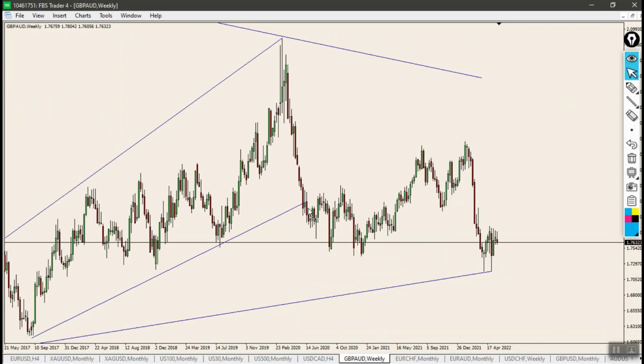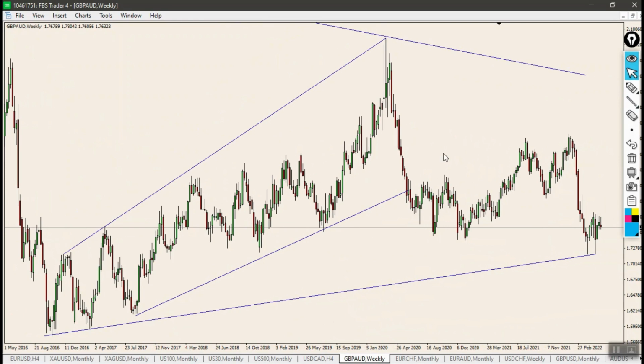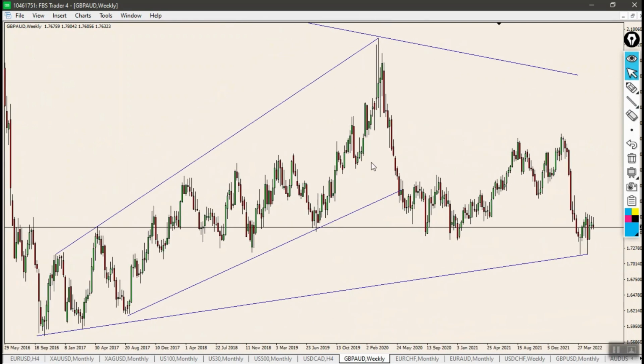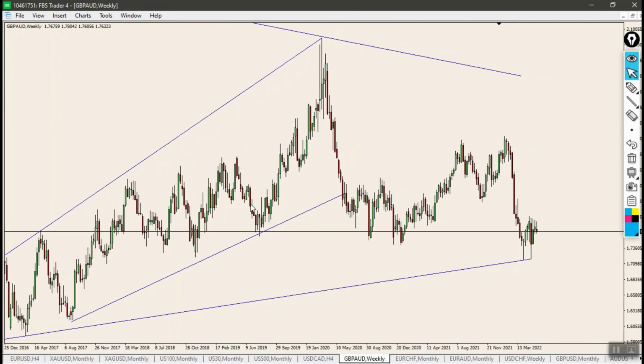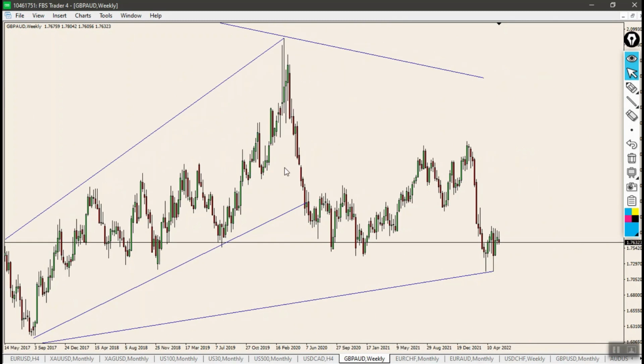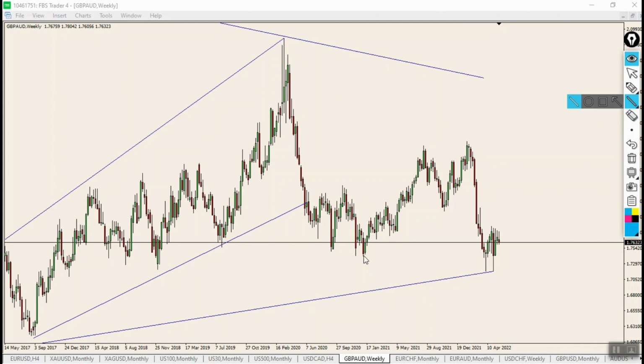On the weekly chart, as you can see, we have a large structure, a pattern within the pattern, a huge ascending channel right here before giving us an impulse and another correction and an impulse. This correction has built a channel of sorts. As you can see, there's the channel right there.